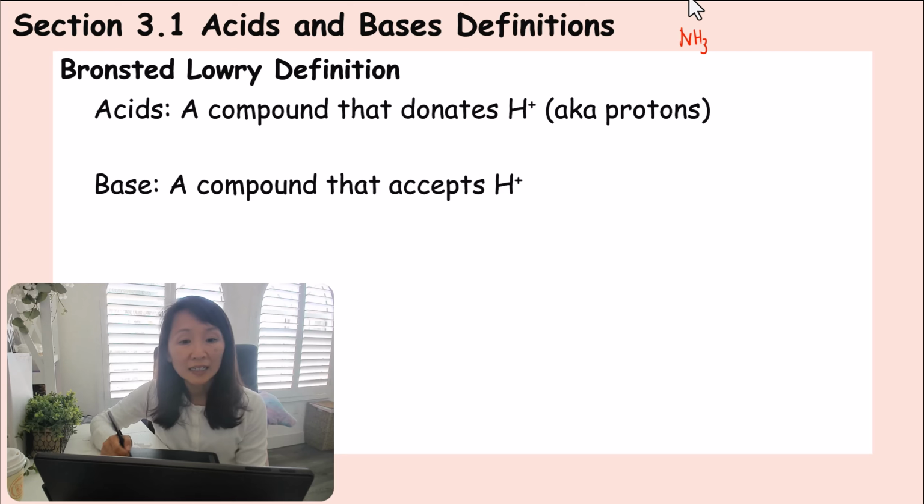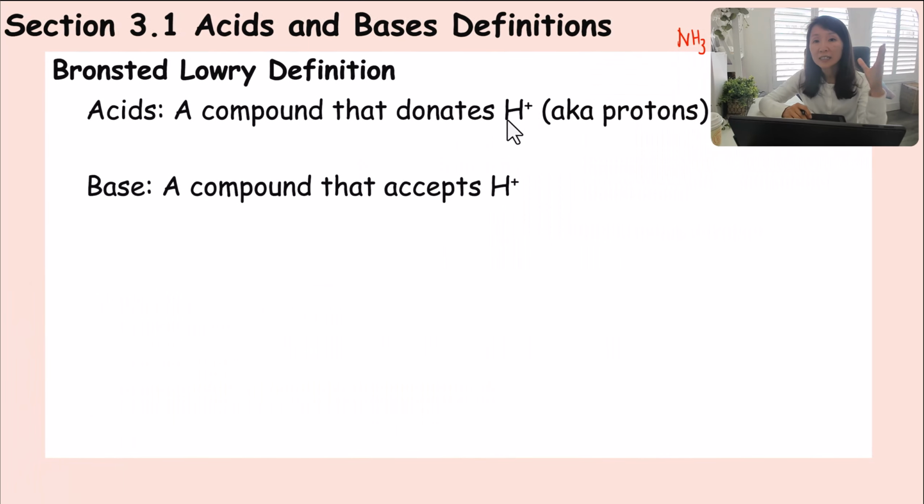Because of this, a new definition came about. An acid is a compound that has the ability to donate a proton. It doesn't have to have donated yet, but it has the ability to. And a base is a compound that is able to accept a proton, or H plus, also known as a hydrogen ion.